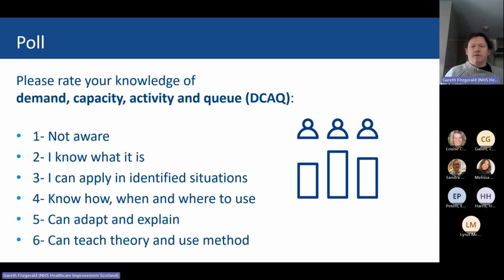So first of all, just a little poll. We run these every session. It's just to see how this has been pitched. There should be a wee poll popping up on your screen. If you just rate your knowledge of DCAQ, demand, capacity, activity, and Q on that poll, it will give us an idea of what the knowledge level is.